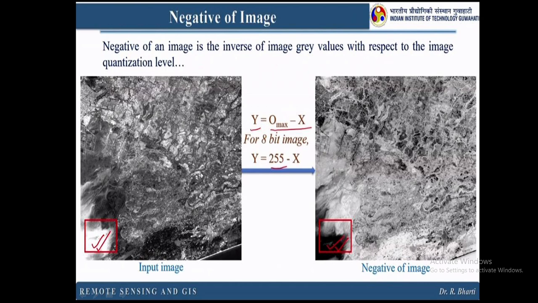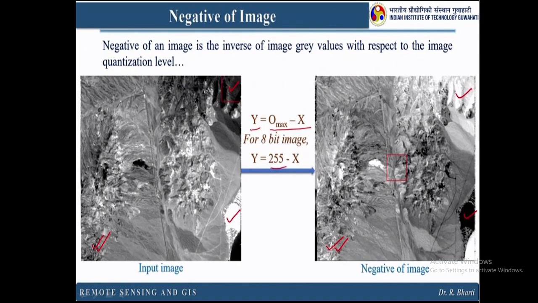Okay, this is the negative of the image, the inverse of the image gray value with respect to the image quantization level. The negative of the image is the inverse of the image gray value with respect to the image quantization level. So between the input image and the negative image, the difference is here: the output is the maximum value minus the x value.